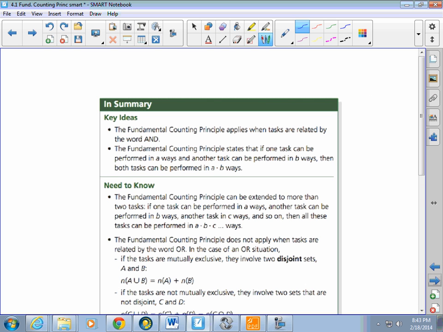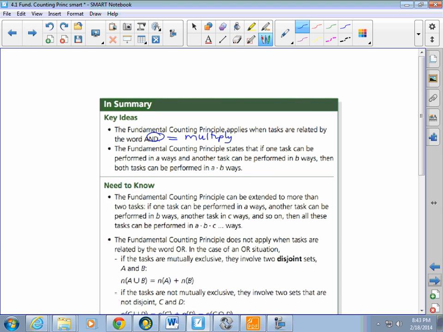Okay, so in summary here, the fundamental counting principle: you're going to multiply when your tasks are related by the word "and." The fundamental counting principle states if one task can be performed in A ways and the other task can be performed in B ways, then both tasks can be performed in A times B ways.